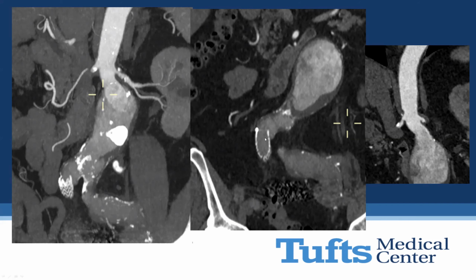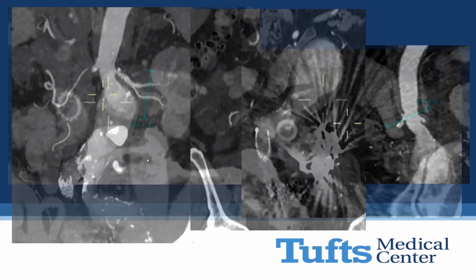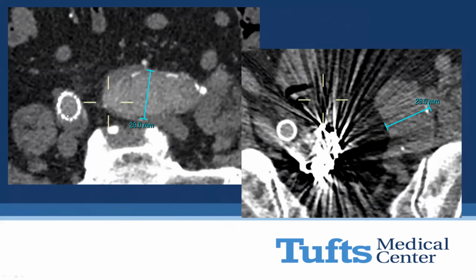Here it is sticking up into the iliac with that angulation. You can see it kind of swimming in the native iliac, and this is the left common iliac, and this is the left internal iliac over here. And this is the attack of coils from the prior embolization.